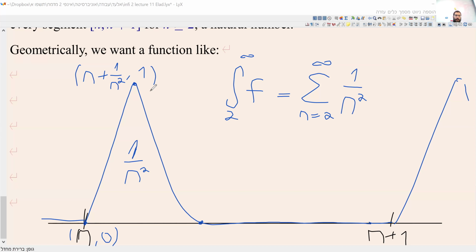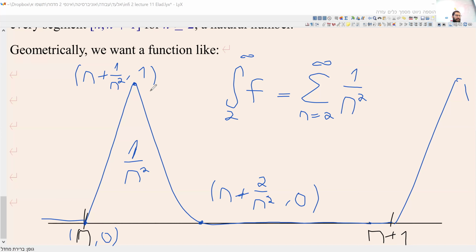And here again, we look at the point n plus 2 above n squared with y value 0. Now the base is of length 2 above n squared. The height is 1. 1 multiplied by 2 above n squared multiplied by half, because it's a triangle area, gives us exactly 1 above n squared.